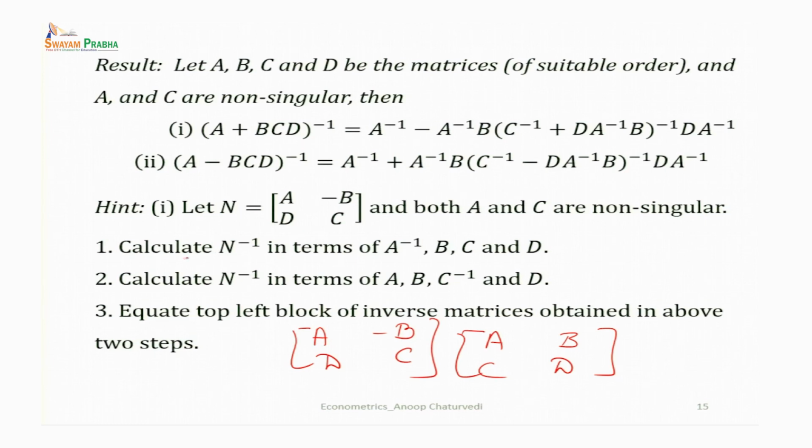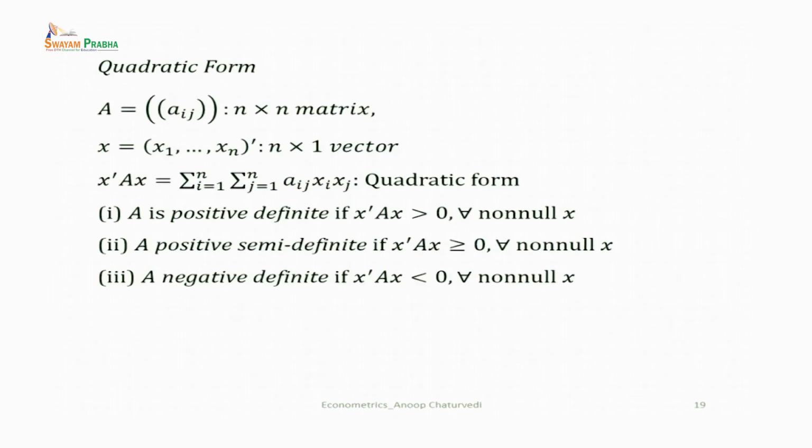So, you calculate an inverse in terms of A inverse, and then you calculate an inverse in terms of C inverse and D, and then equate the top left block of the inverse matrices to obtain these two results.